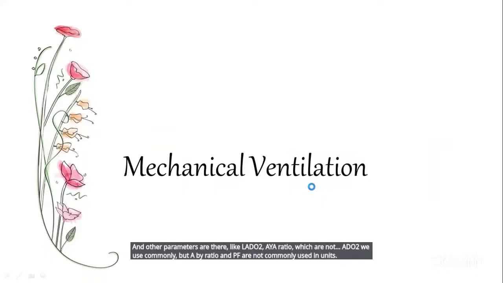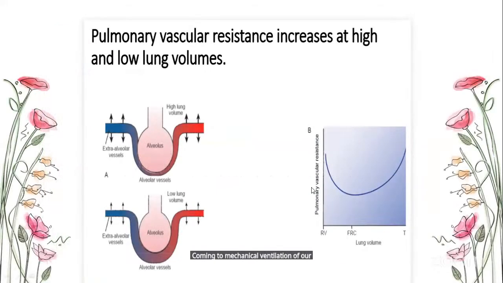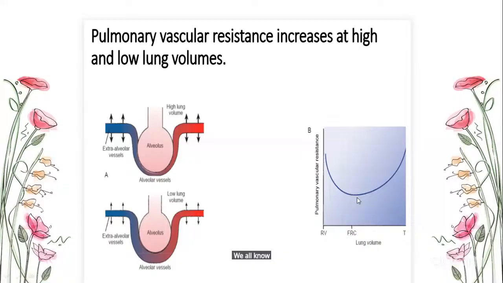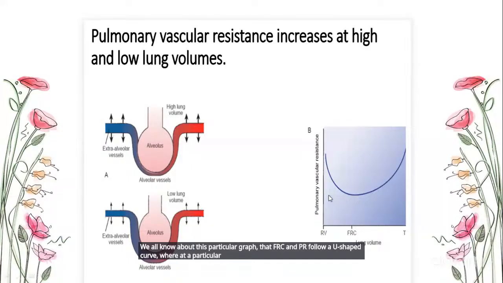Coming to mechanical ventilation of our lung parenchyma, we all know there is no set rule, but what we want is to ventilate the lung at FRC, avoiding very high volumes and low lung volumes. We all know about this particular graph: FRC and PVR follow a U-shaped curve, where at a particular FRC the PVR is lowest.